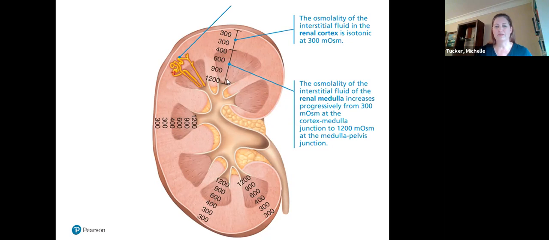Once you get to the papilla, the amount of salt in the interstitial fluid is going to be much, much higher, 4 times higher. It just keeps getting more and more concentrated until the concentration in the interstitial fluid is very, very high.